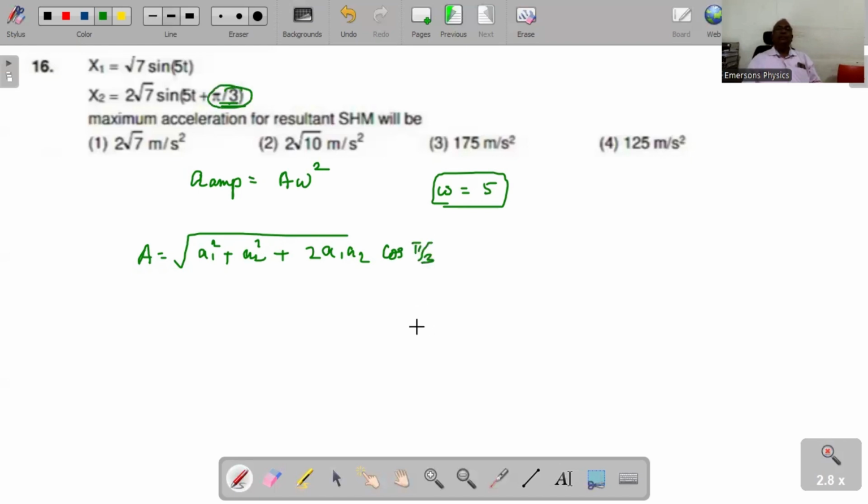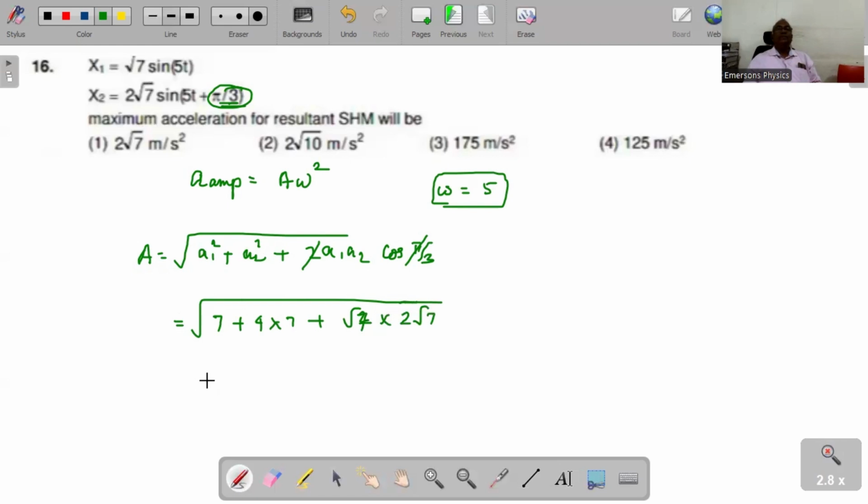Cos 60 is 1 by 2. That we can cancel, 1 by 2 and 2. Now we will substitute. A1, root 7 the whole square, is 7, plus 2 root 2 is 4 into 7, plus multiplying root 7 into 2 root 7.